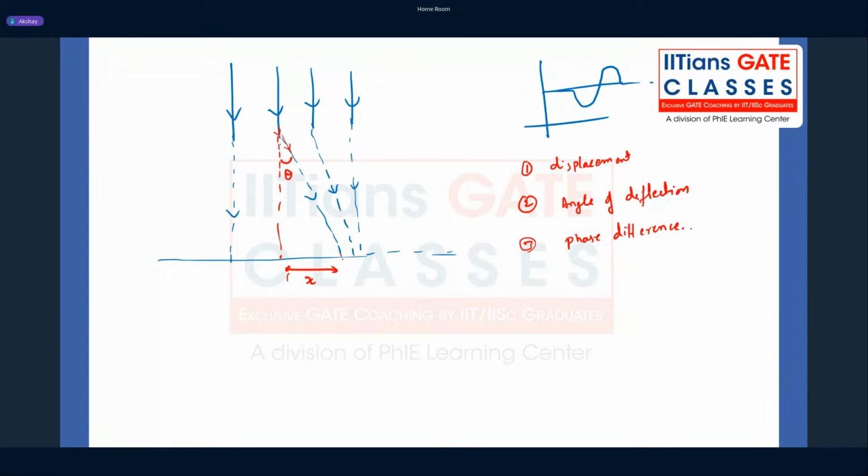Okay, somebody has a question. Could you please tell again how there is a drop in intensity? Okay, this is very straightforward, right? Like you see, there is a change in density perpendicular to the direction of the light. So then what happens? The light bends in this way. So there is lesser light which passes through this portion compared to the light which is passing in this portion.